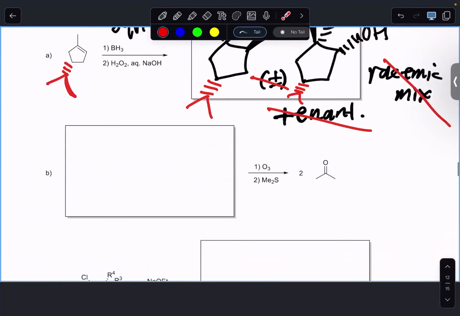So this right here, he's asking you to predict what these products came from. We have 2 of these, and something reacted with ozonolysis to give 2 of these. So what do you think could have been cut up to get 2 of these?